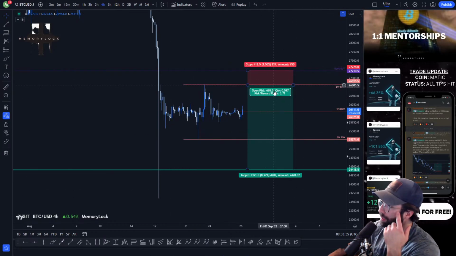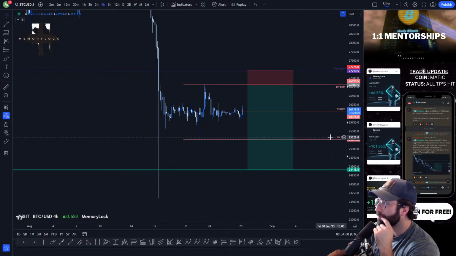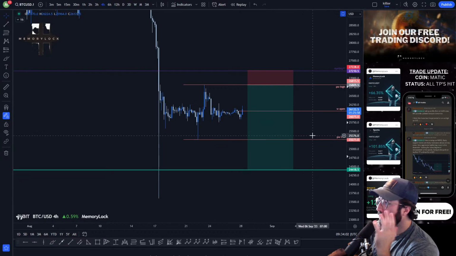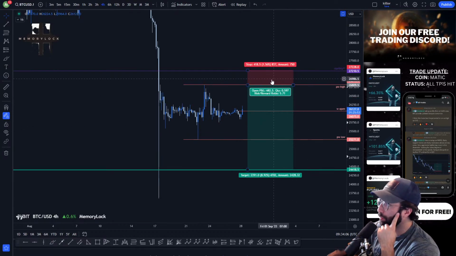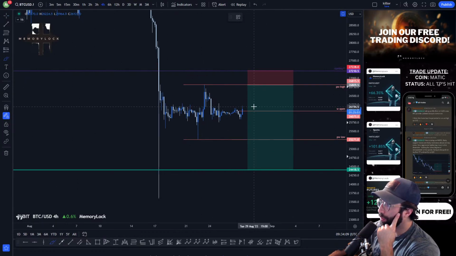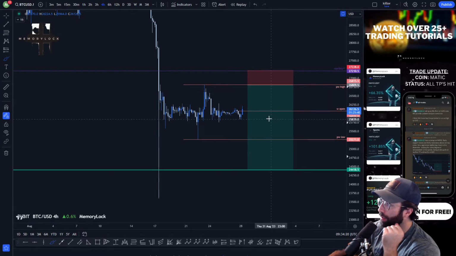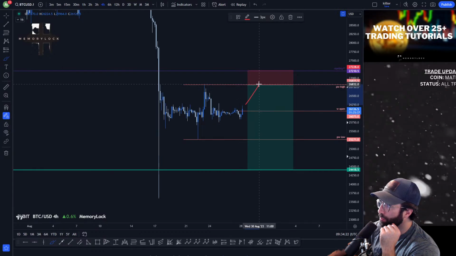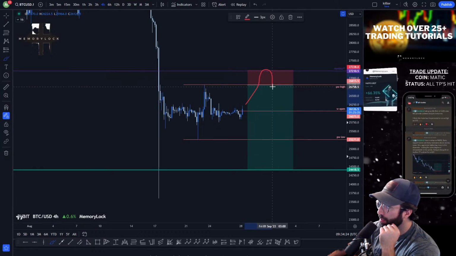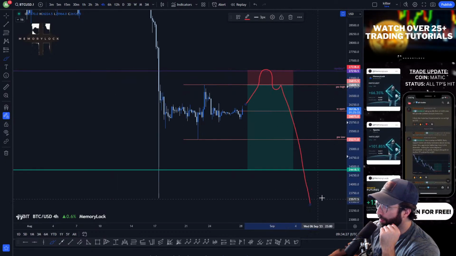In my opinion, this would be the setup for the week, this short on BTC. This would be the trade of the week, what I would be looking for right here, and I would short the absolute life out of this. What we would be looking for is a move up, sweep of this high, a lot of trapped longs, close below, swing failure, or even better yet, a move and then a deviation like this, and then to do that, right?